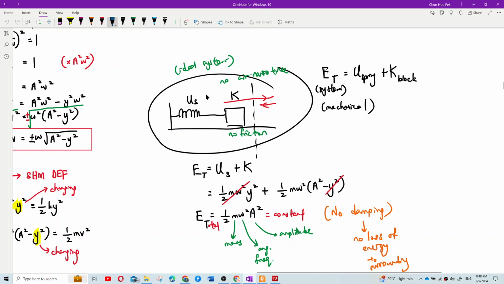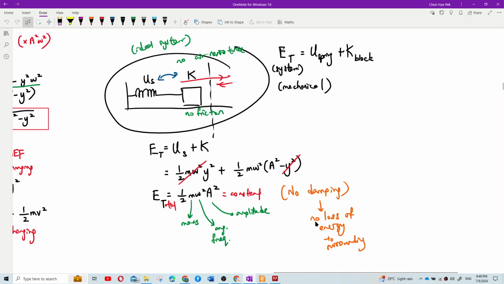Dia hanya bertukar antara ini dua sahaja. Understand? Sebab kita punya total energy tidak include energy loss yang lain, heat energy tak ada. Kita punya total energy hanya ada elastic energy of the spring atau kinetic energy of the block saja. So we assume the energy will be constant all the time, so this thing will oscillate forever.